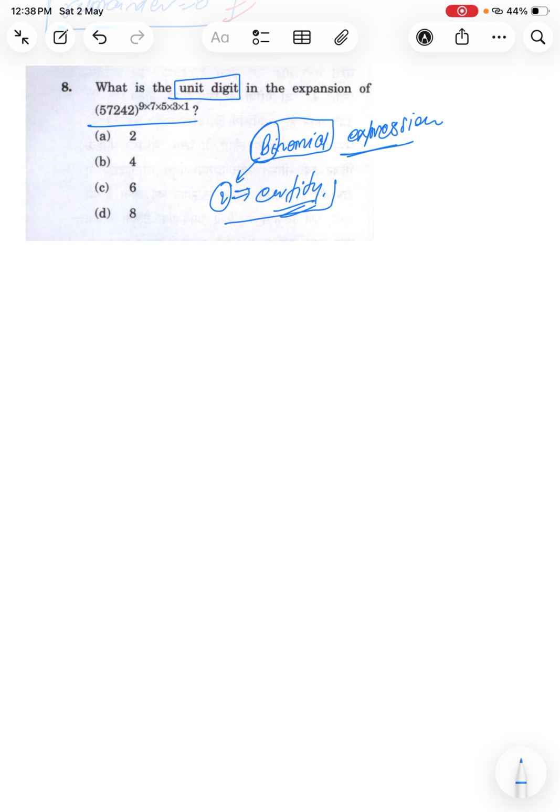So what it is about is, if we have an expression x plus y to the power n, this can be expanded in this form: x to the power n minus r, y to the power r.